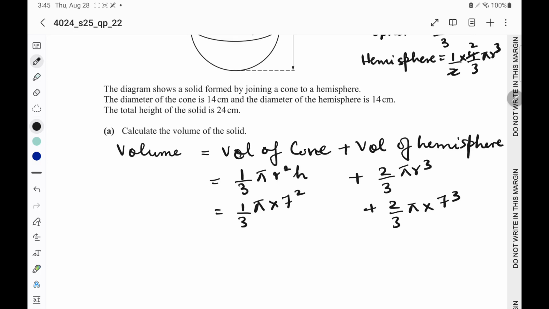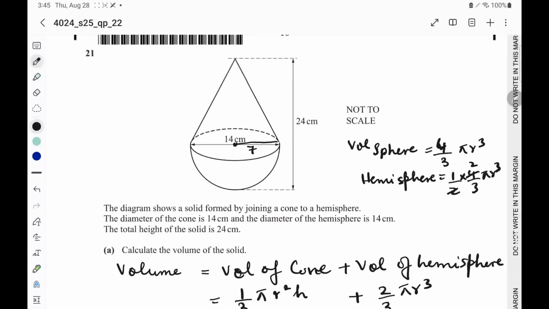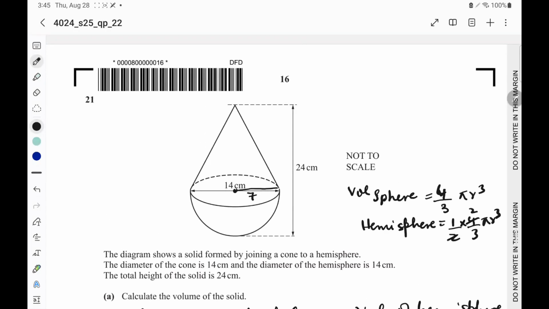Now we are just looking at what is the height of the cone. You can see 24 centimeter is for the full height. Alright, so it is 7 centimeters here, and 14 centimeter is the diameter. So if this is 7 centimeter, this is also 7 centimeters.